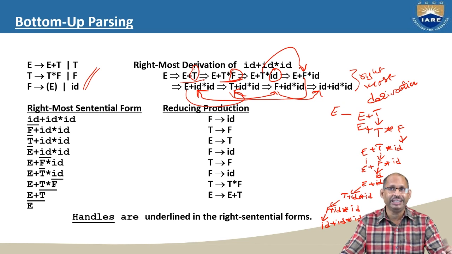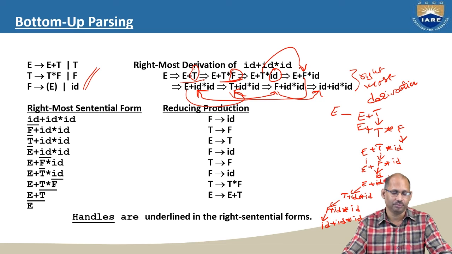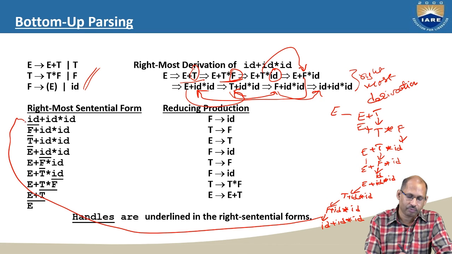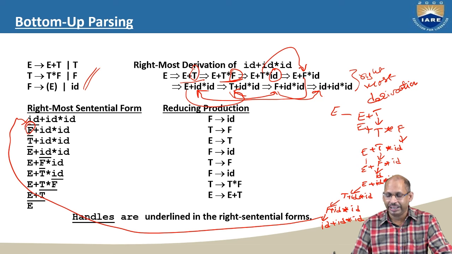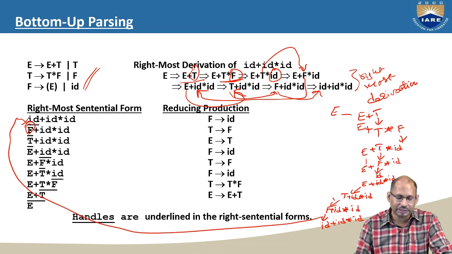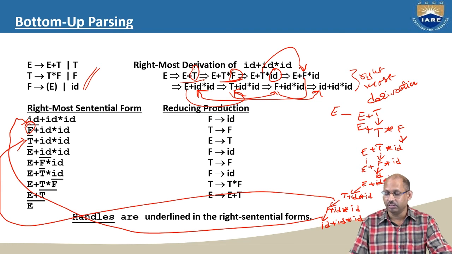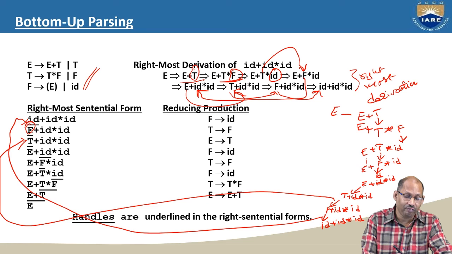Applying them in reverse is the bottom-up parsing method. So this step, id as F. Then this step, F as id, T as F, but now F as id.